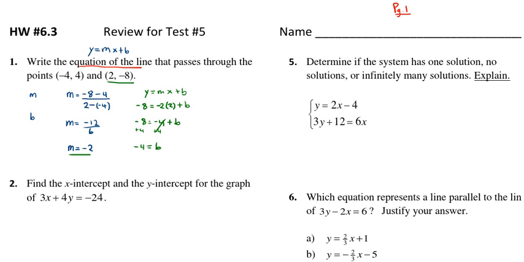The equation would be y is equal to -2x minus 4. The slope has been substituted with -2, and the y-intercept is -4. So this is our equation.